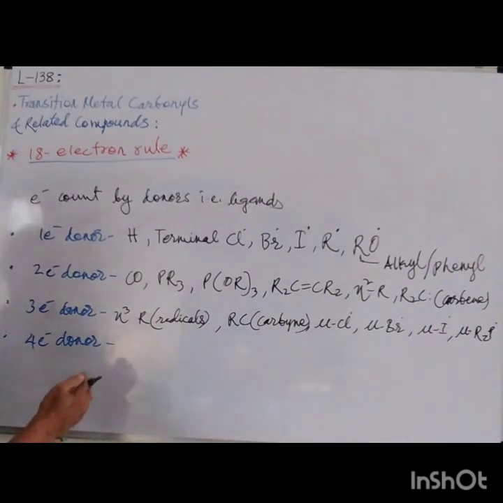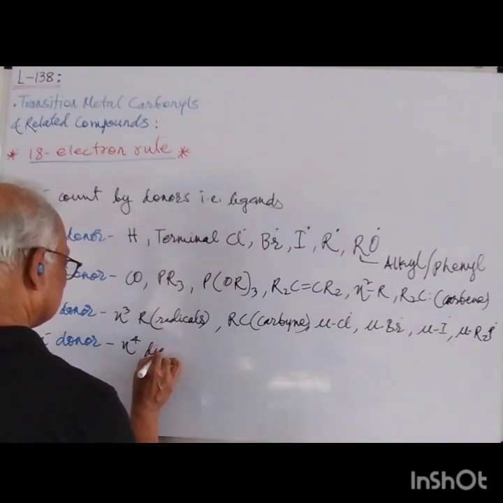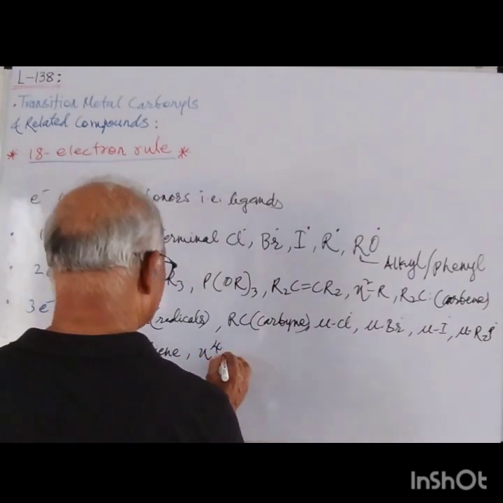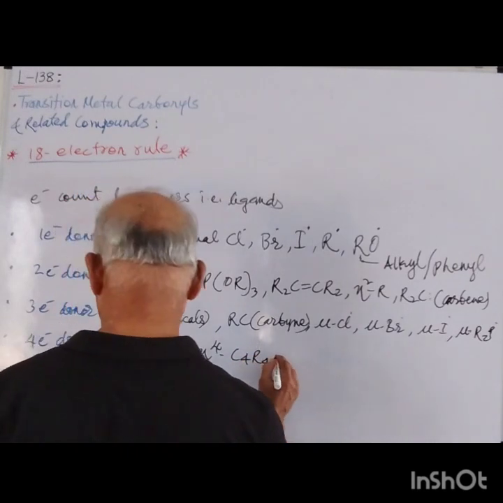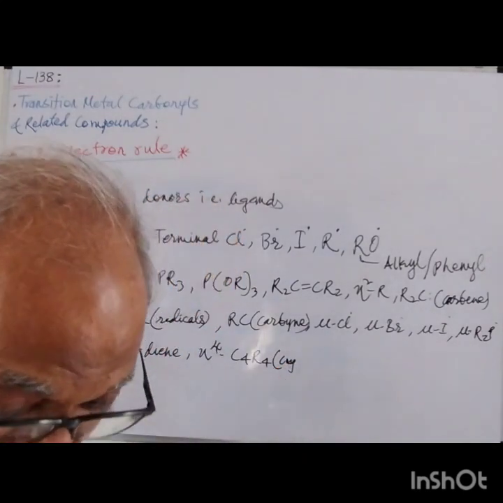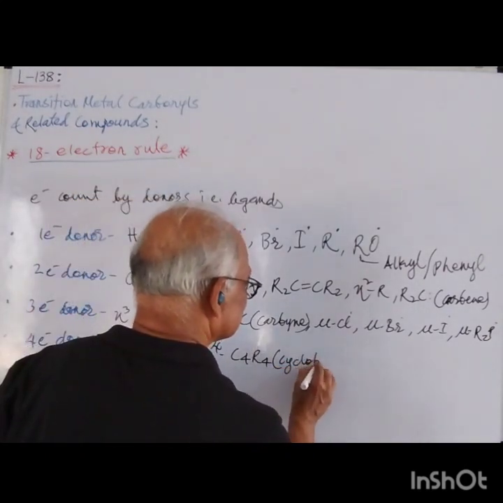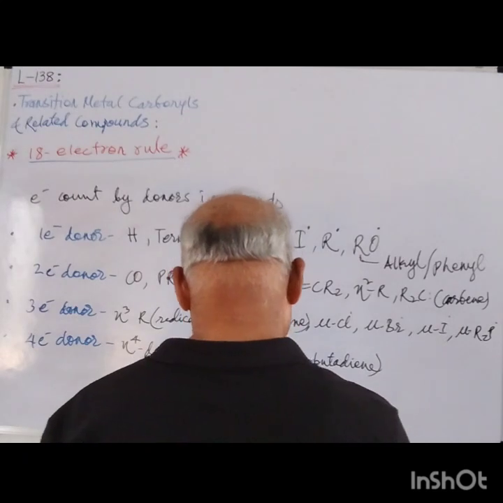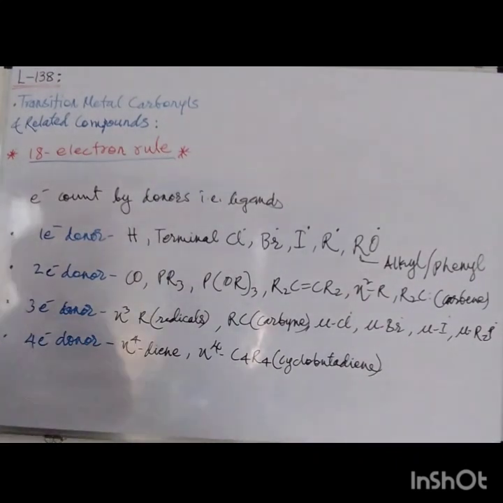We can have eta4 diene, eta4 C4R4, cyclobutadiene, cyclobutadienes.